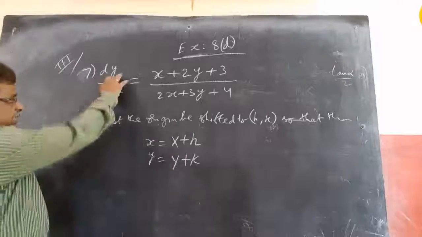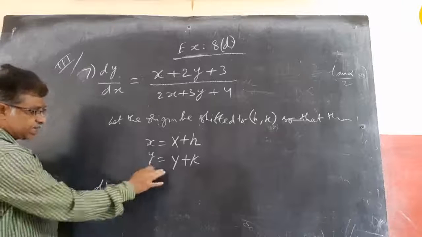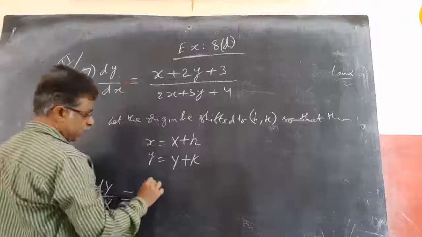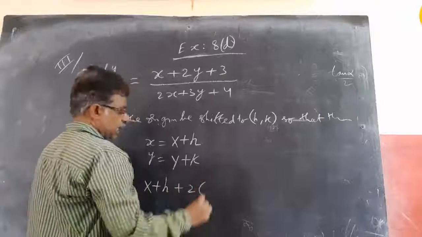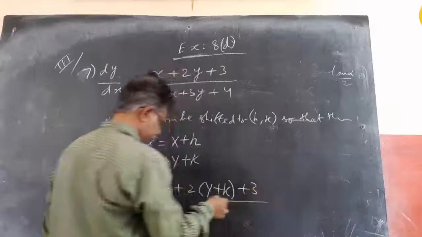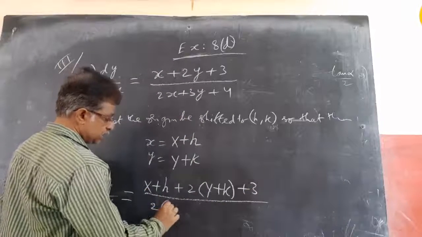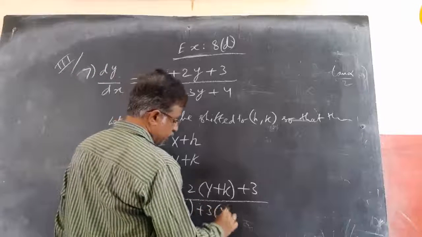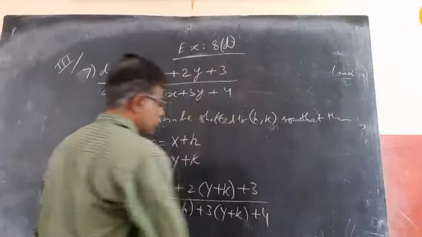If I substitute in this, then dy by dx is automatically capital dY by dX if I differentiate this. So this is equal to capital X plus h plus 2 into capital Y plus k plus 3, by 2 into capital X plus h plus 3 into capital Y plus k plus 4.